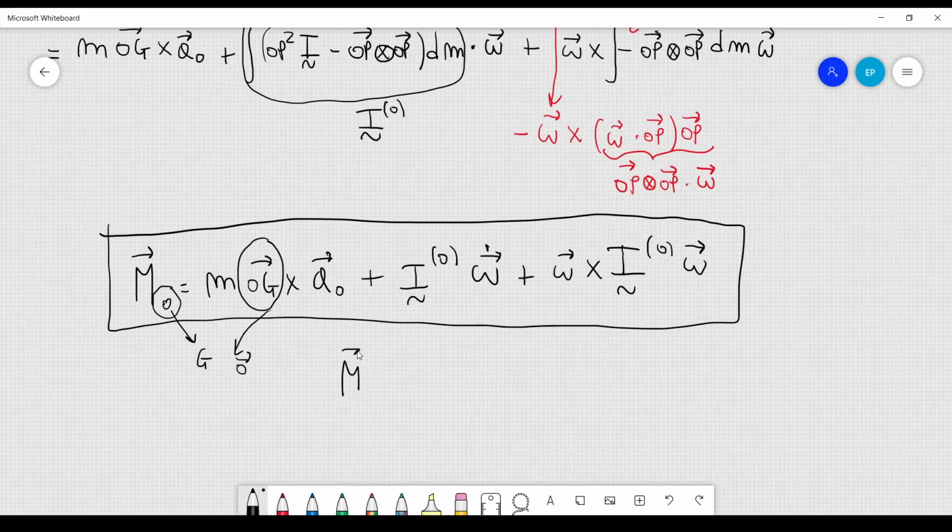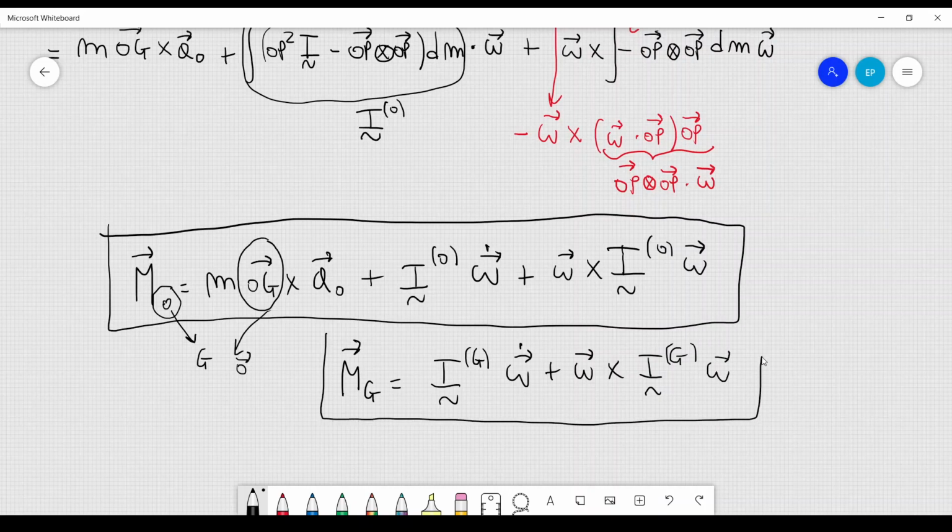And the formula will simplify to this: MG equal to IG omega dot plus omega cross product I, the inertia matrix evaluated with respect to G, times omega. So this is a very general formula. It's a very important formula in dynamics of rigid bodies, which generalizes some formulae that you might have encountered in simpler classical physics problems.